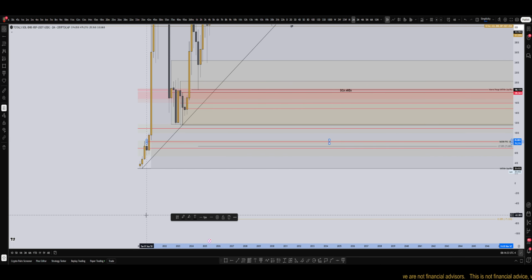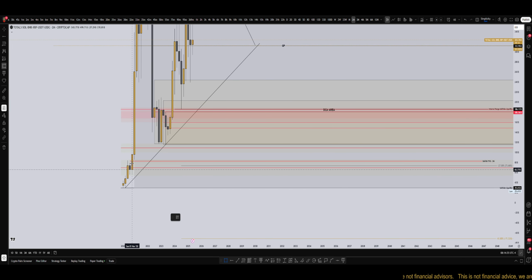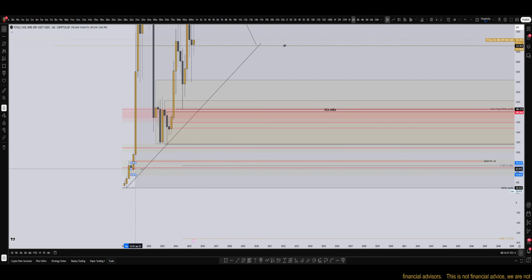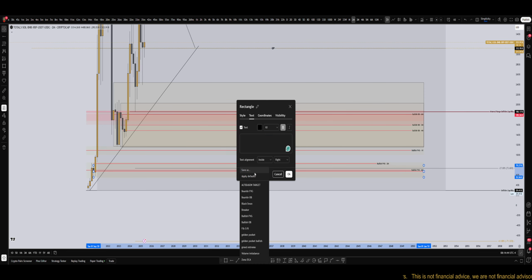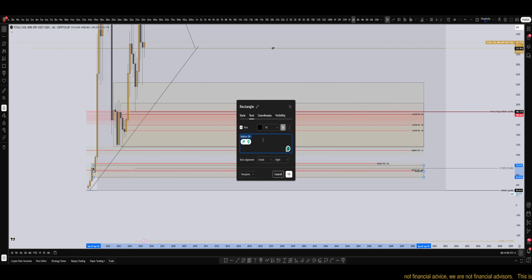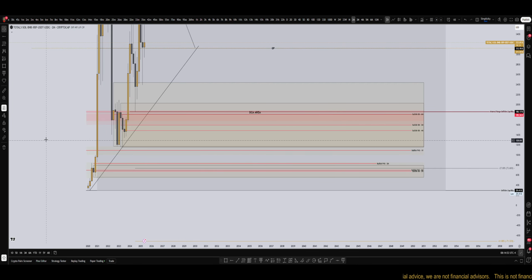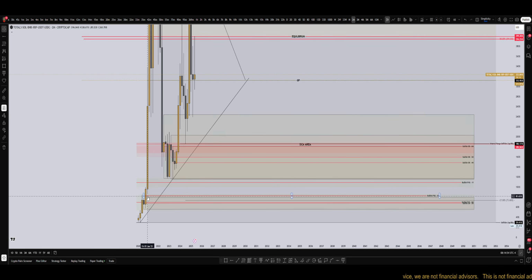Okay. We start to see our first order blocks. So we want to highlight that. Bullish order block, which hasn't been retested. So we're going to watch out for that.